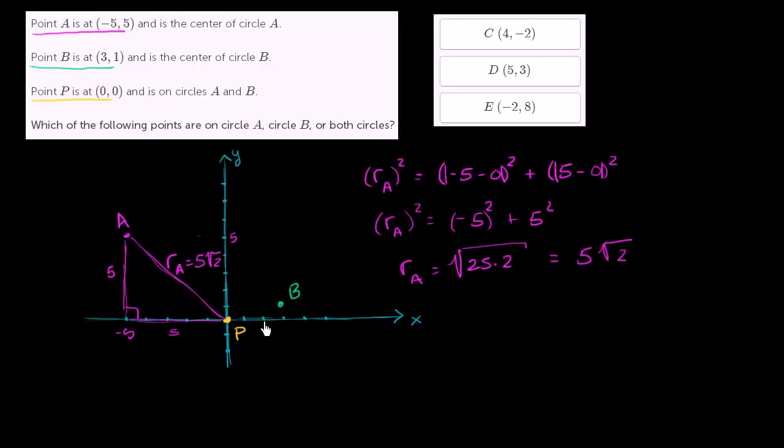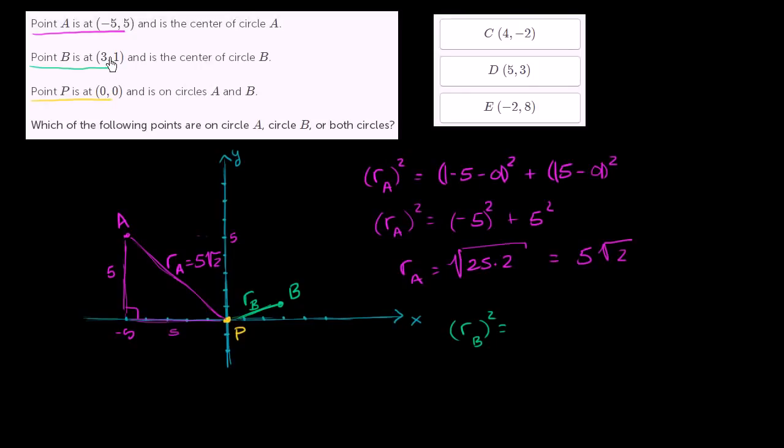Now let's figure out the radius of circle B. The radius of circle B. Same exact idea. The radius of circle B squared is equal to our change in x.